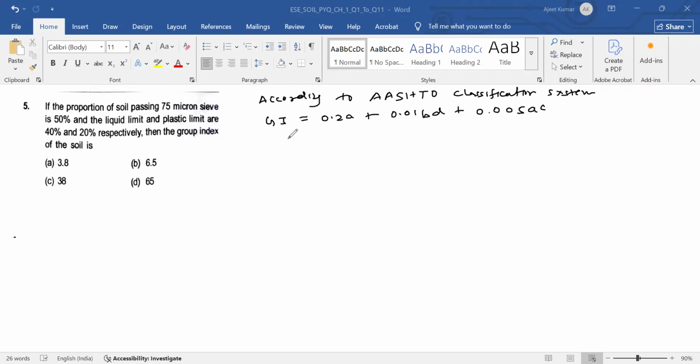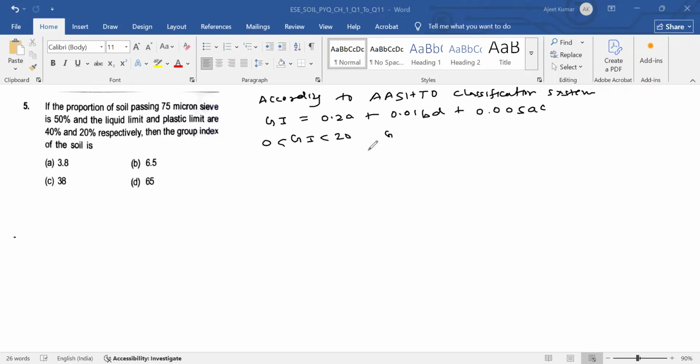This group index GI must lie between 0 to 20, and as group index increases, the quality of soil for road construction becomes poor.